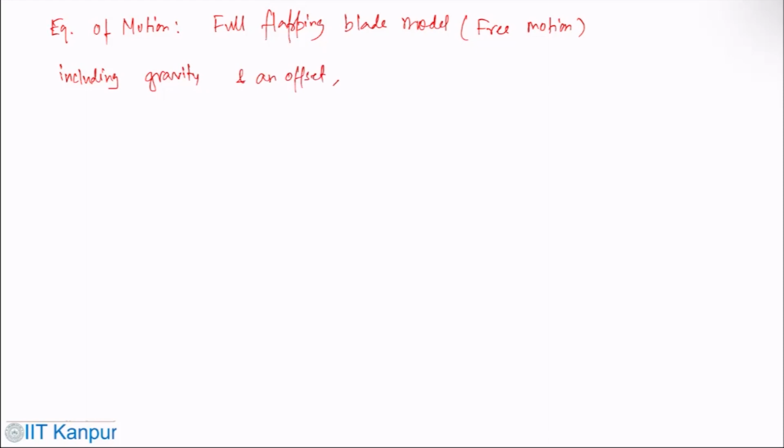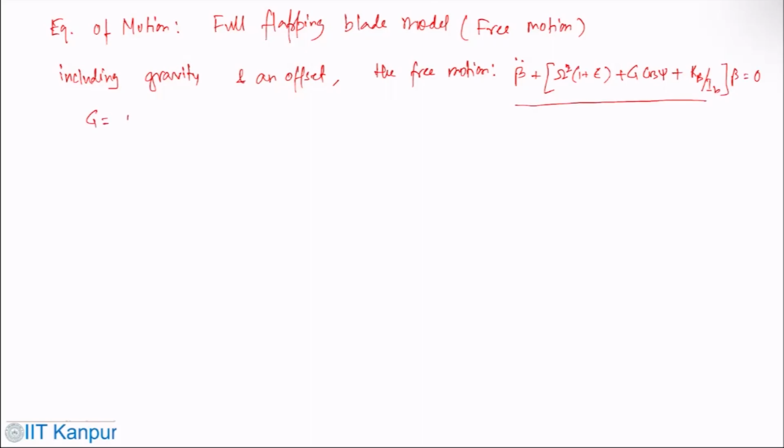So the free motion looks like beta double dot plus omega square (1 plus epsilon) beta equals g cos psi plus a beta by IB, for the complete system, where g is the gravity term, which equals mb rg by IB.